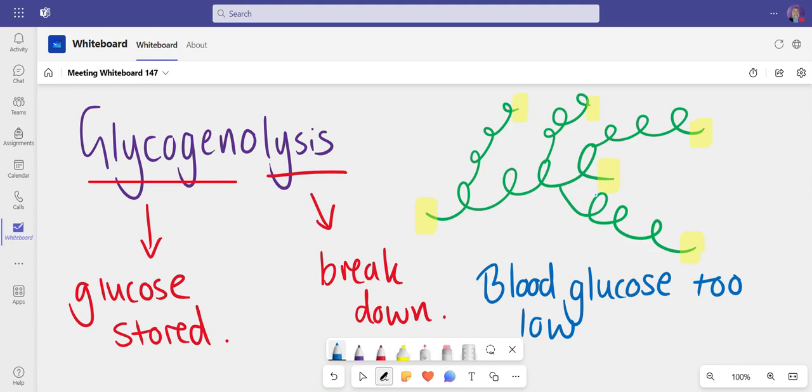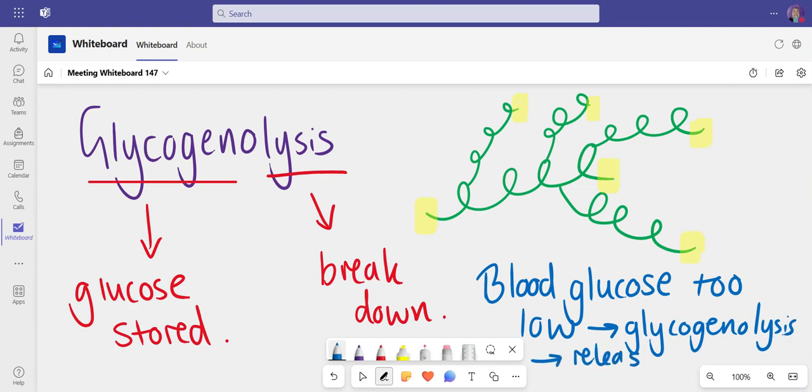When blood glucose levels drop, glycogenolysis occurs. We start to break down the glycogen to release the glucose. So blood glucose too low, then we get glycogenolysis, which releases the glucose from that polysaccharide.